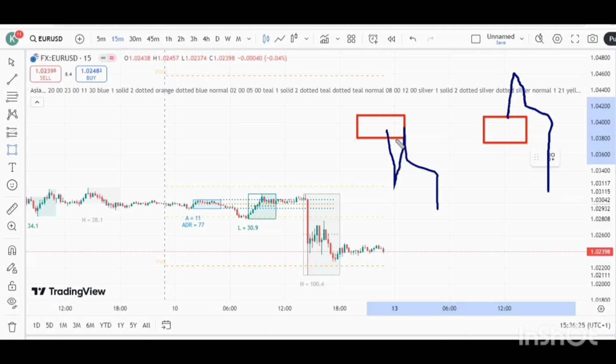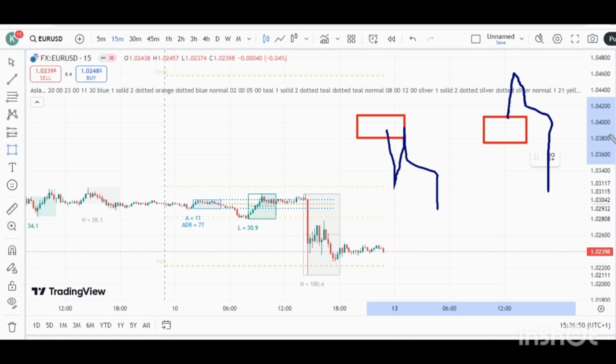As you can see, the market breaks out of the Asian session, pulls back and continues to sell, or it breaks out at the high, reverses and continues to sell. These are the two things that I look for, and this is for a trending market that is selling, a market that is in a downtrend.